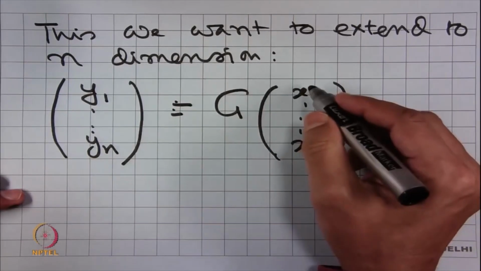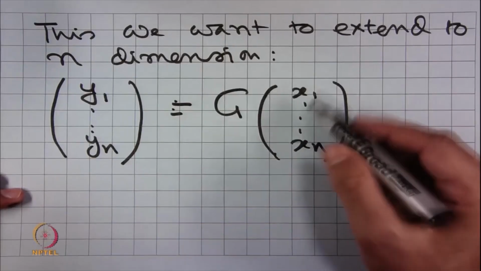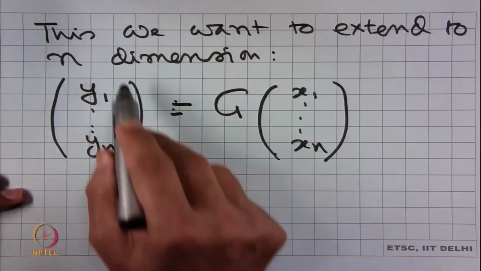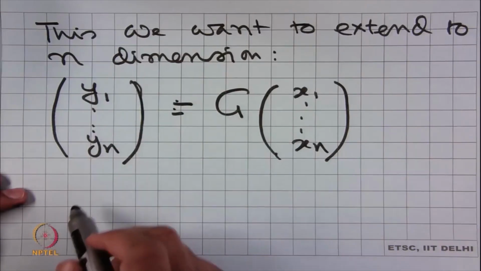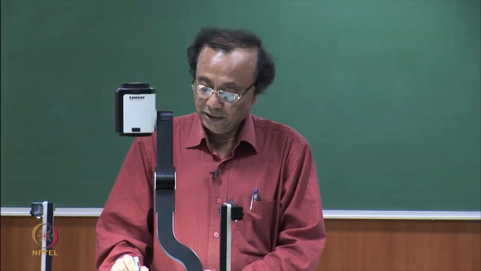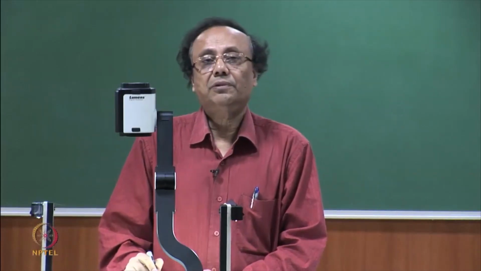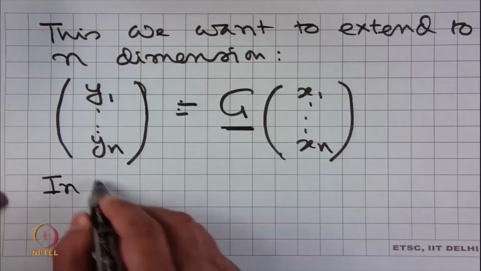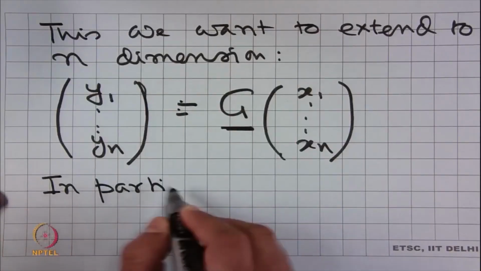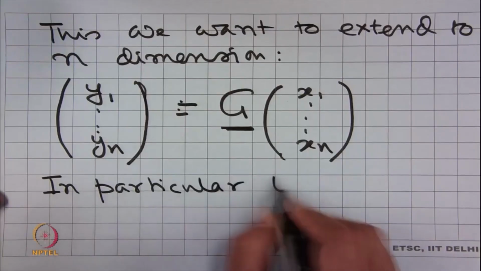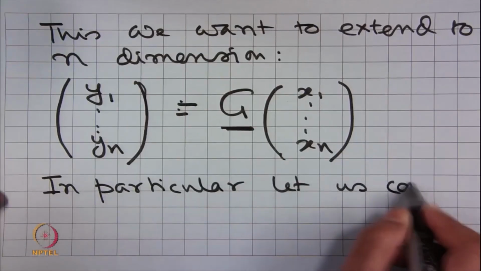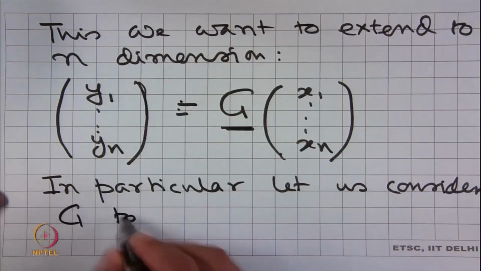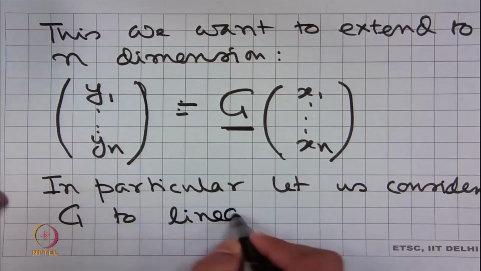So, we have n random variables x1, x2, xn. We want to make a transformation to a new set of variables y1, y2, yn using a transformation function g. In particular, let us consider g to be a linear transformation.